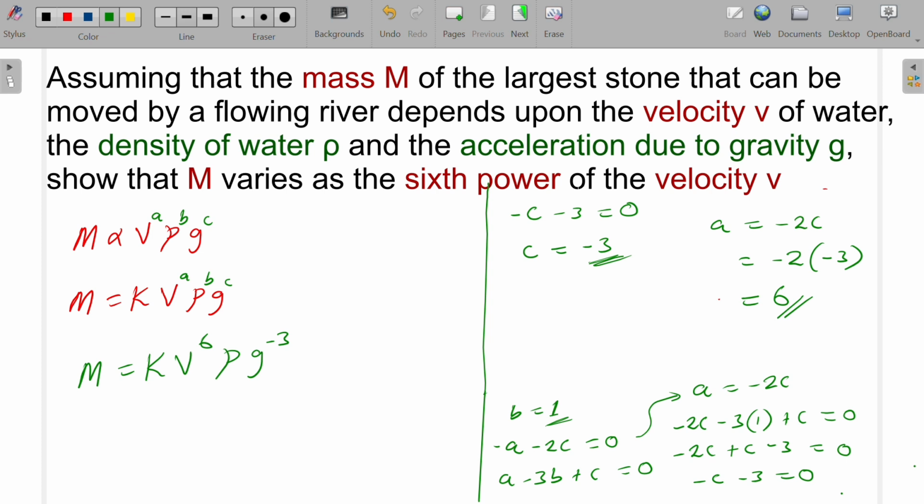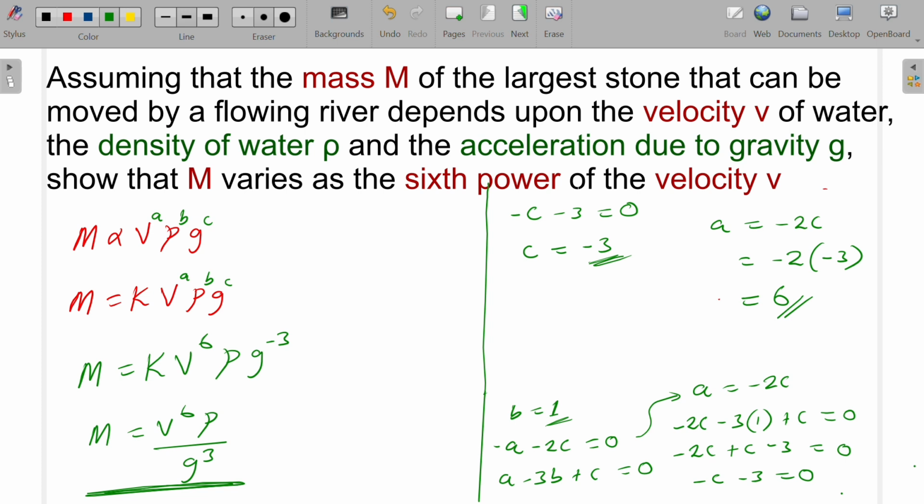So M is equal to K, V to the power of 6, then rho to the power of 1, g to the power of minus 3. This can be written as a formula: M is equal to V to the power of 6, multiplied by density, divided by acceleration due to gravity to the power of 3. So this is the formula that we have here.